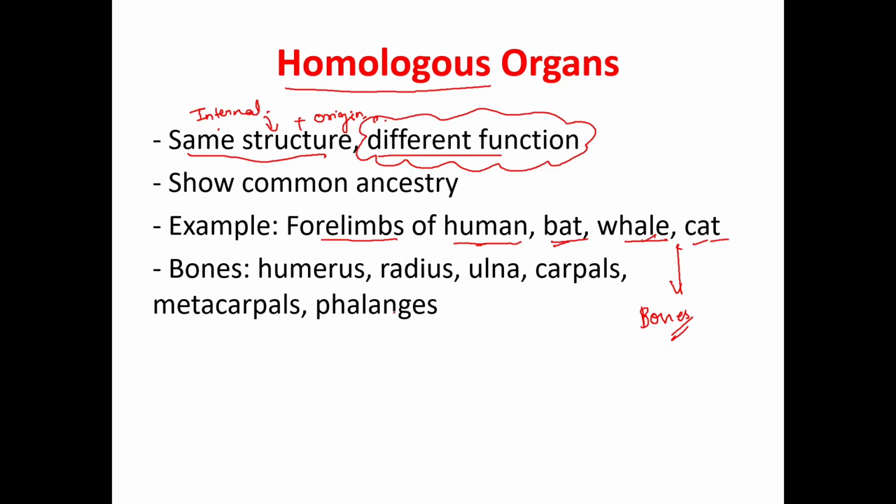So those organs are called homologous organs. The forelimbs of a human, cat, whale and bat all have similar bone structure but do different things: the human hand does writing, the bat uses it for flying, the whale for swimming, and the cat for walking. These are different functions but similar internal structure. These organs are called homologous organs.